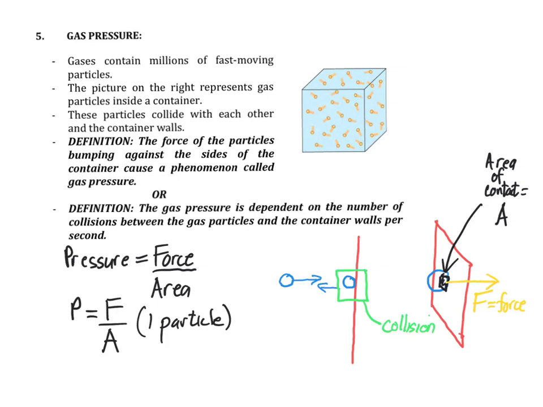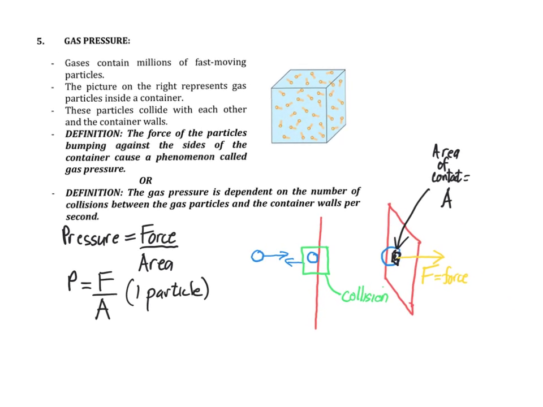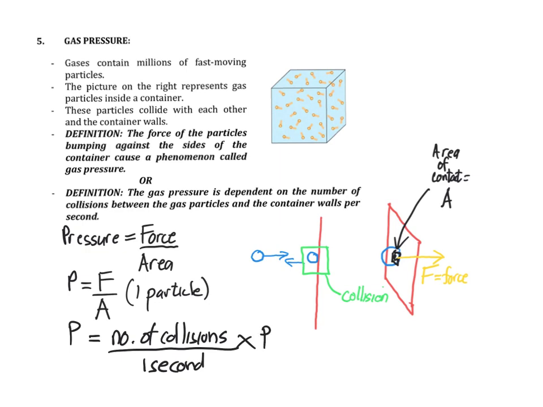So if we look at the pressure of the gas in totality, the pressure would be equal to the number of collisions per 1 second times the pressure of one collision. And that is why we can state here that the gas pressure is dependent on the number of collisions between the gas particles and the container walls per second.